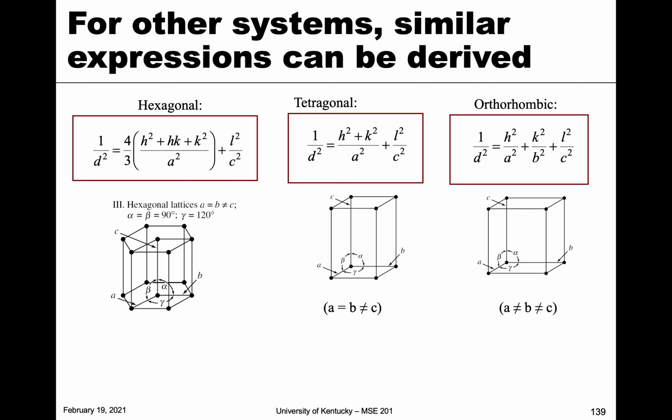So for other systems, we can also derive expressions that relate the d-spacing to the indices and also the lattice parameters. So for hexagonal, we know a and c, so this is a more complex relationship. For tetragonal, we see that d is related to a and c and also the indices. And the same thing with orthorhombic. So we can identify relationships for all of these, but for most of the calculations we will do, we're just going to be focused on cubic.